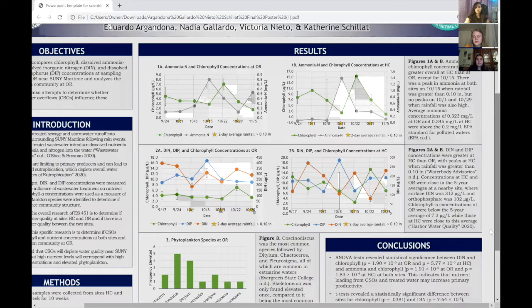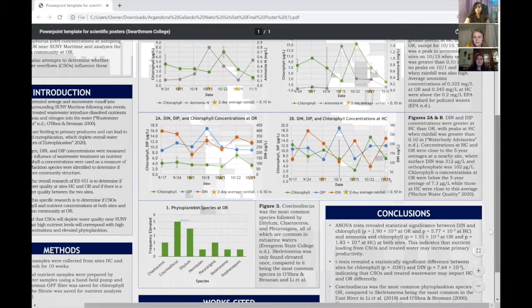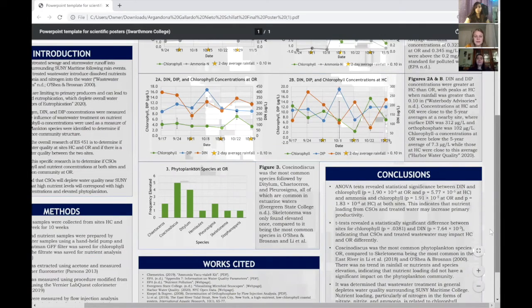So in other words, does one variable influence the other? And we found that there was a significant difference between DIN and chlorophyll, and also between ammonia and nitrogen and chlorophyll at both sites. And this indicates that nutrient loading from CSOs and wastewater in general may increase algal biomass and productivity. And we also performed t-tests.